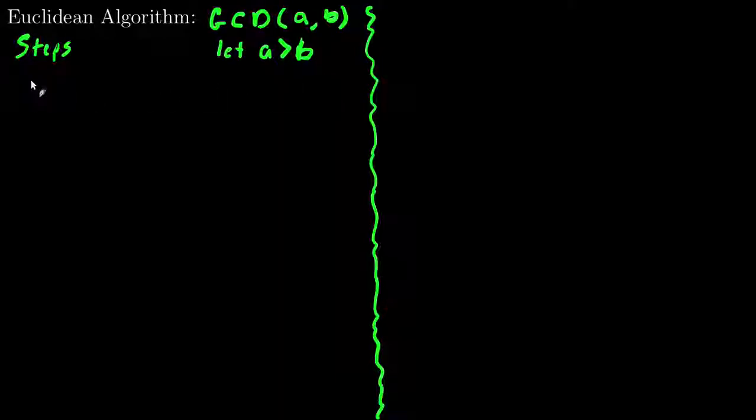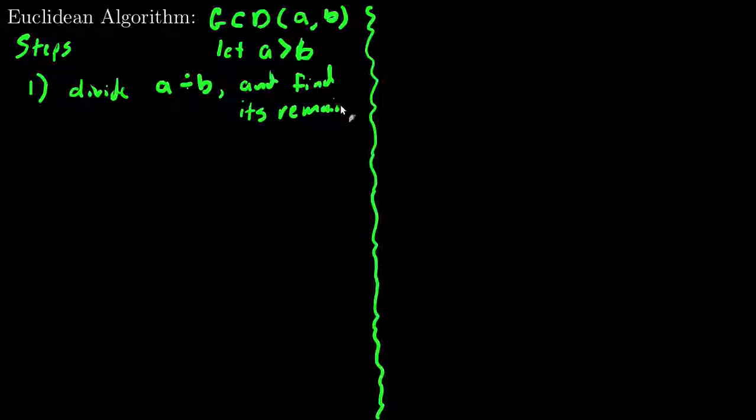Okay, so first I will divide a by b and find its remainder. I'm going to call that R1.